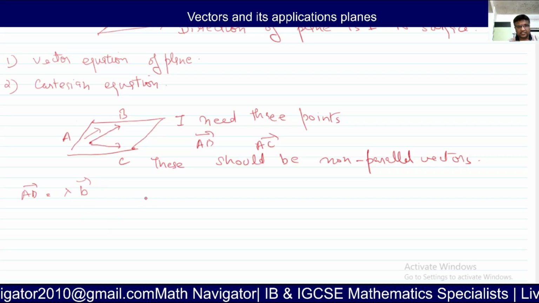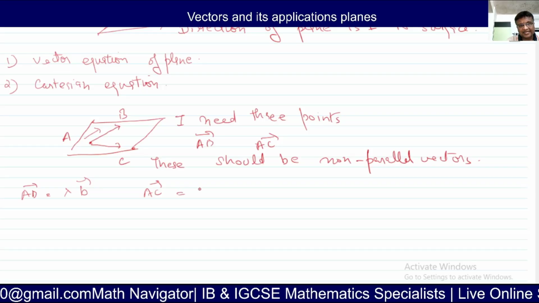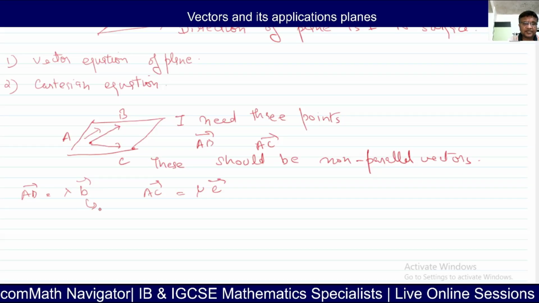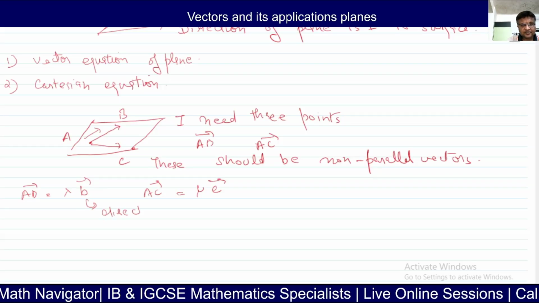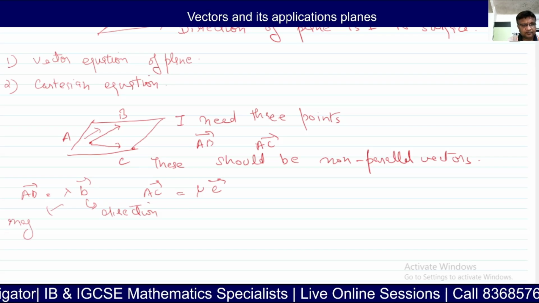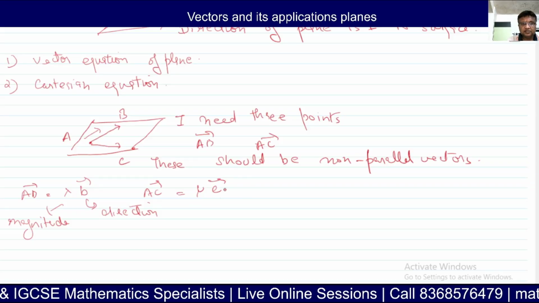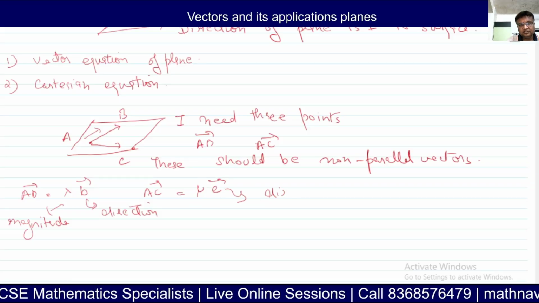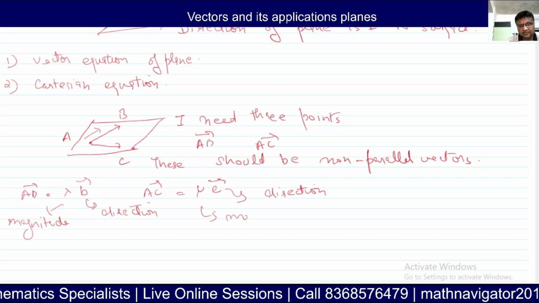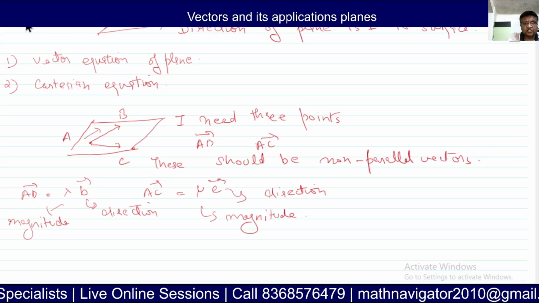And let's call vector AC as mu times vector C. So basically here vector B is direction and lambda is magnitude. Same way, vector C is direction and mu is magnitude.